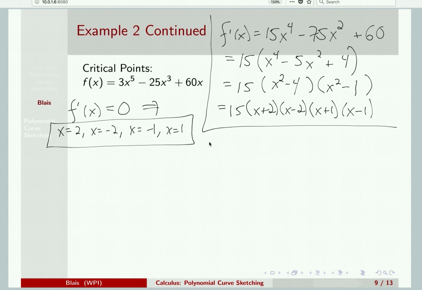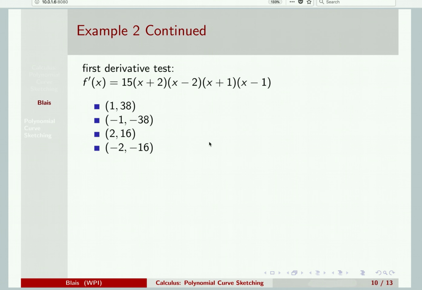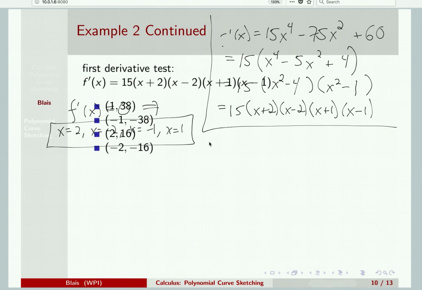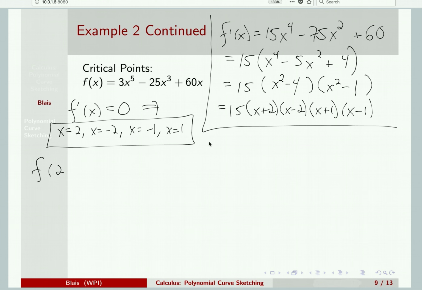And we then move on to try and identify these via the first derivative test. Now notice I've also evaluated the function to get these values. We can do that quickly here. f of 2 is 3 times 2 to the 5th. So 2 to the 5th is 32.